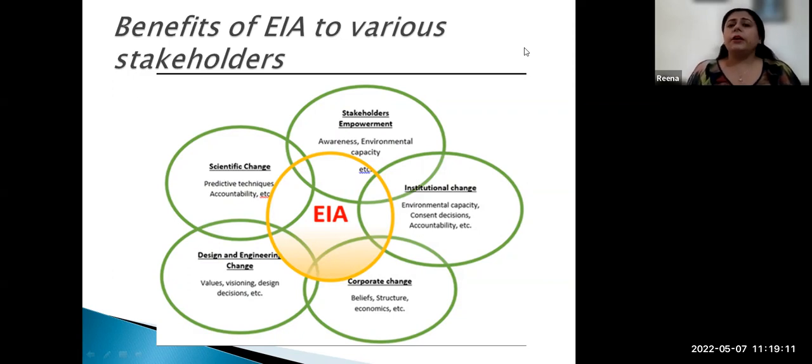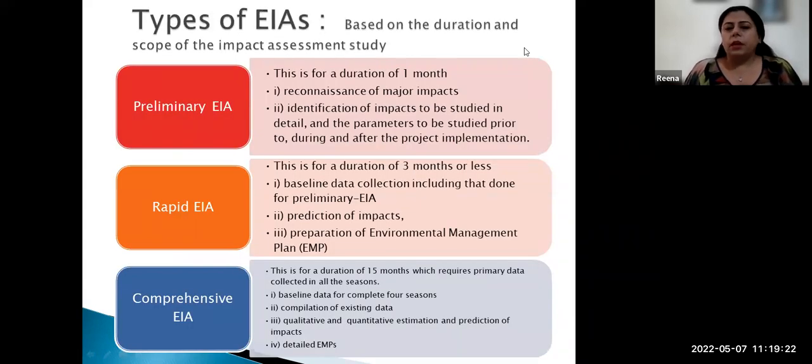So all those kind of benefits can be accrued from EIA if we take it right from the design of the project. So these are basically three types of EIAs there: preliminary EIA, rapid EIA, and comprehensive EIA.